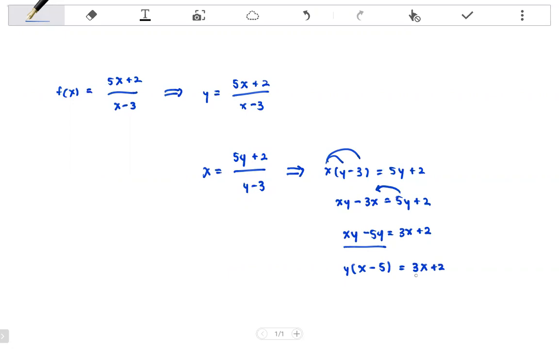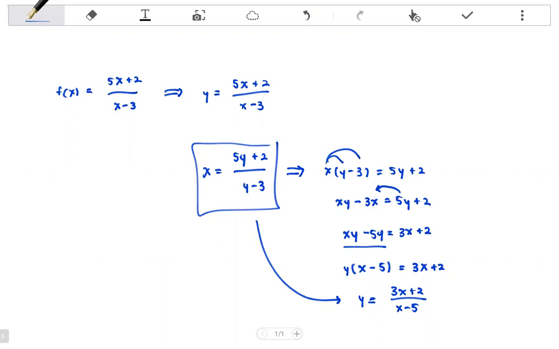And once again, we can divide by x minus 5. If we do that, then we're left with 3x plus 2 over x minus 5, since we divided by x minus 5. So all we did was rewrite this into a y equals something form.